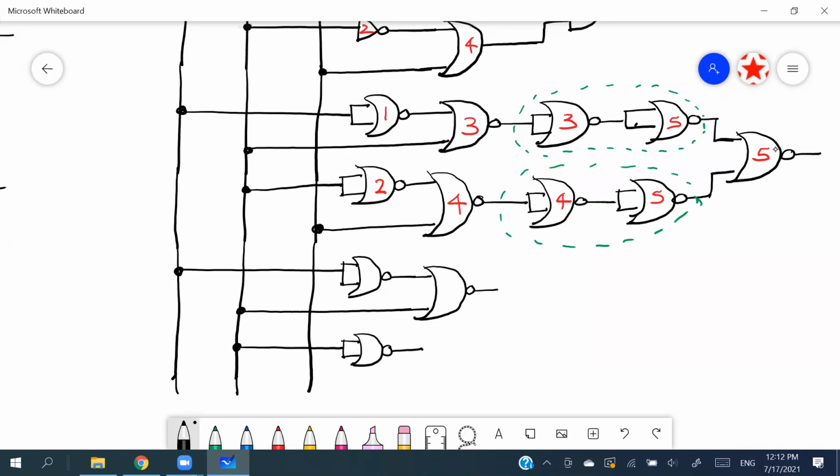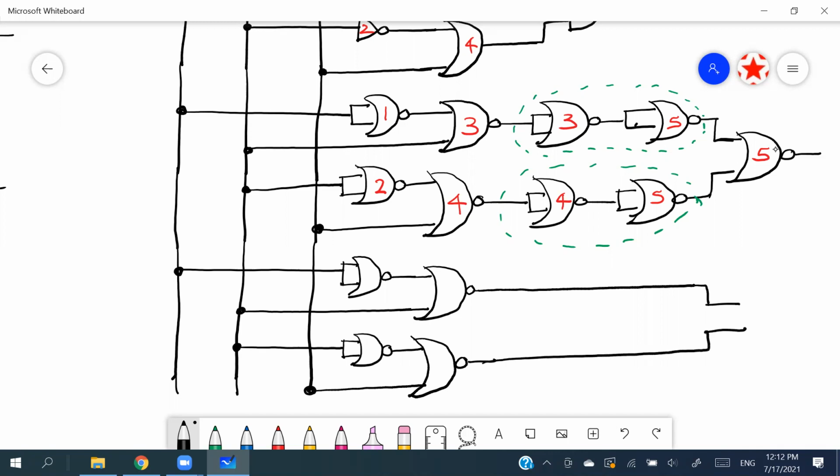This one is there. And this goes. So the cancelled ones will be represented by a line. So finally, we have this.